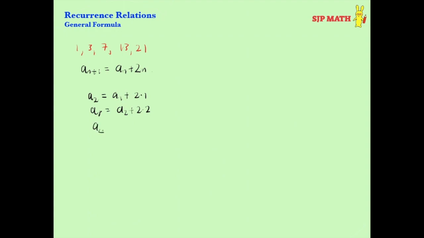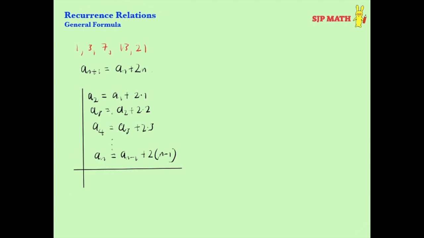And we know that A4 is equal to A3 plus 2 times 3. And then if we keep stacking these equations, then we're going to reach a_n equals a_{n-1} plus 2 times (n minus 1). So there we go. Basically we just stacked these equations.